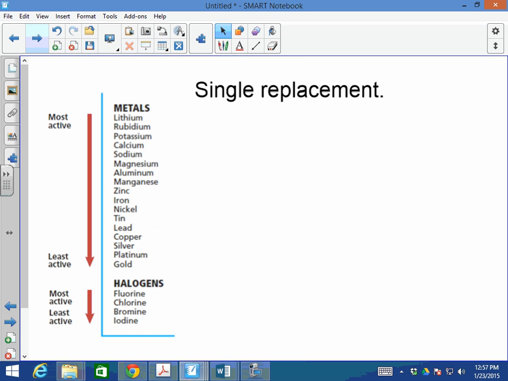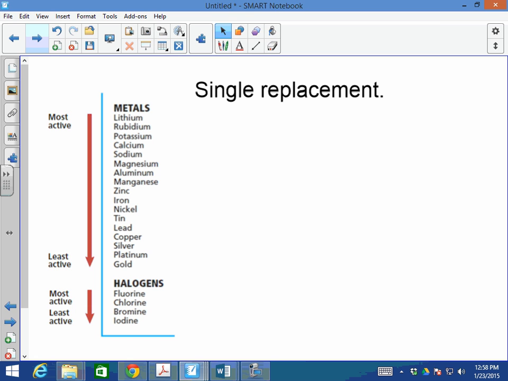Let's continue. Single replacement. All we're doing here is switching one element for another. The lone element, whether it is a metal or a non-metal, will be replacing another one. This list shows the most reactive to the least reactive element.